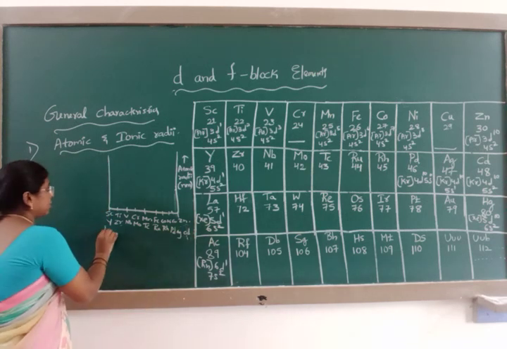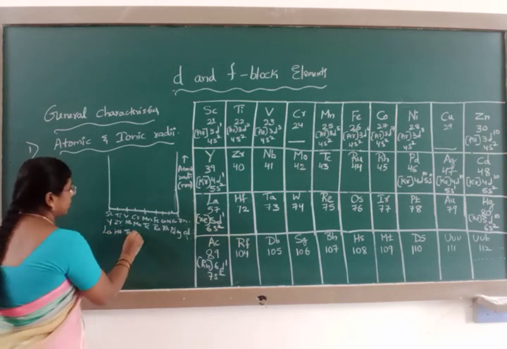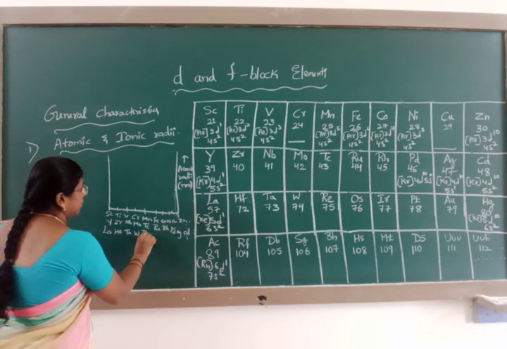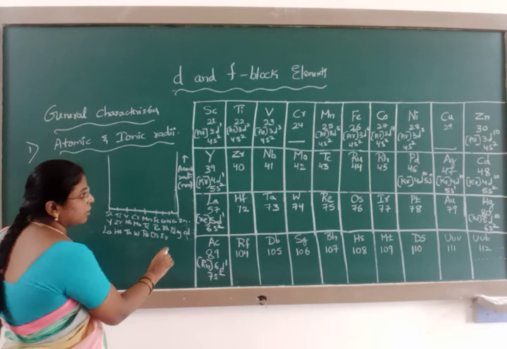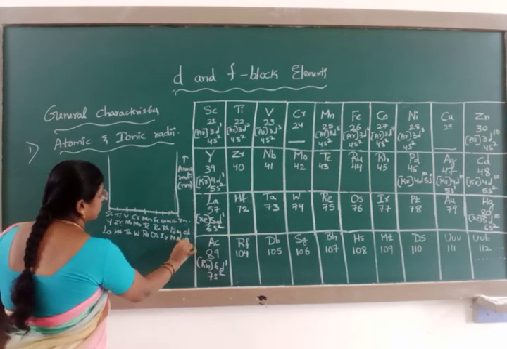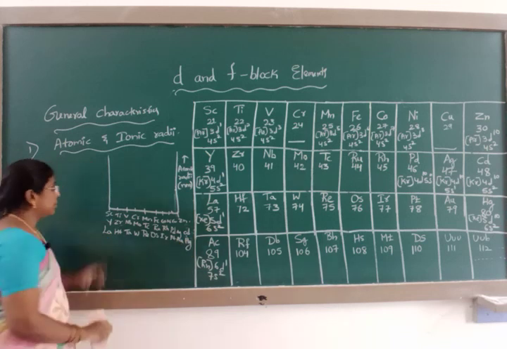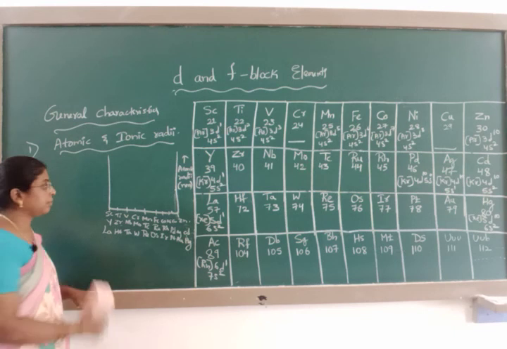Similarly, the last series: lanthanum, hafnium, tantalum, tungsten, rhenium, osmium, iridium, platinum, gold as well as mercury. First transition series, second transition and third transition.